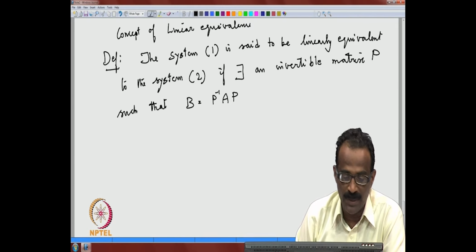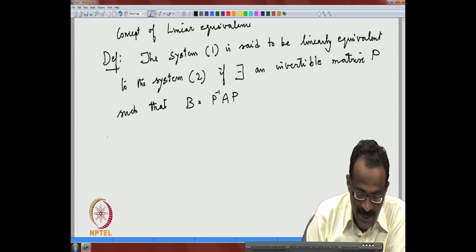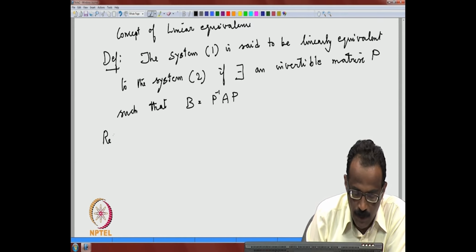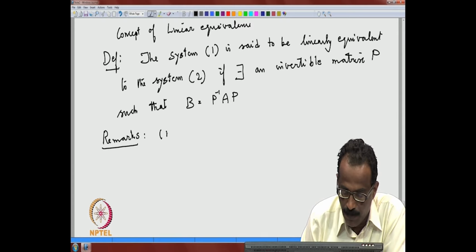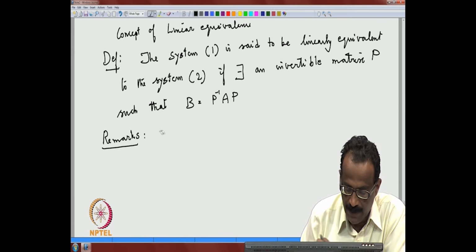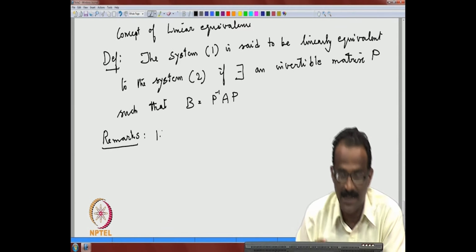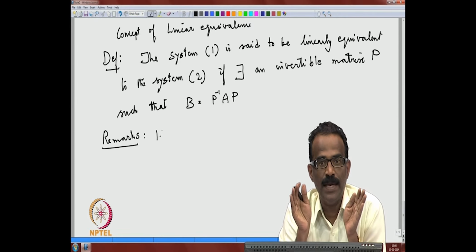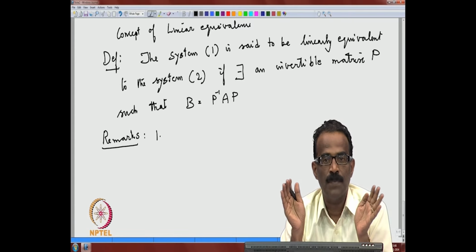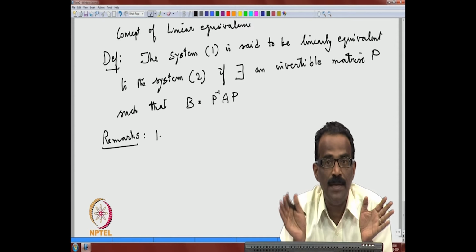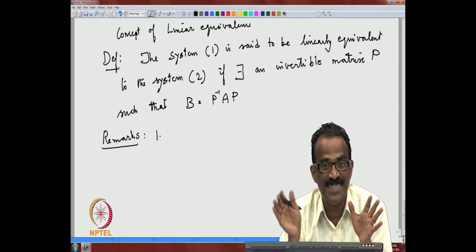What is so important about it? The important thing which you are going to see soon, in the next lecture or coming lectures, is that under linear equivalence, the nature of the equilibrium points or the stability of the trajectories do not change.